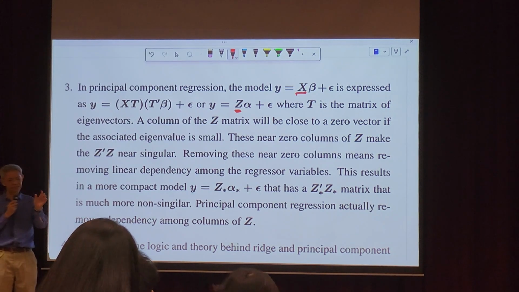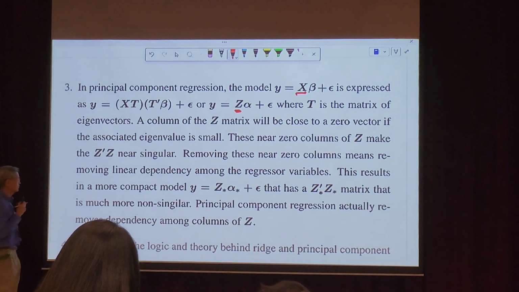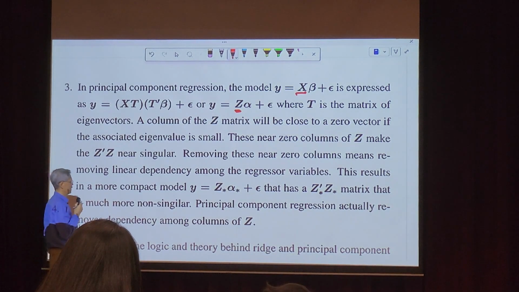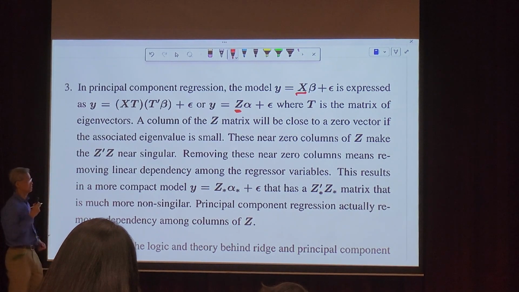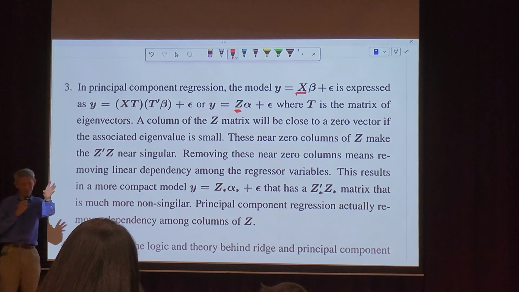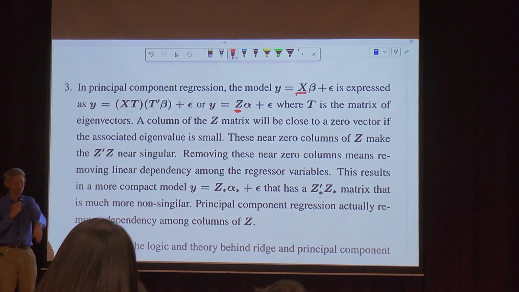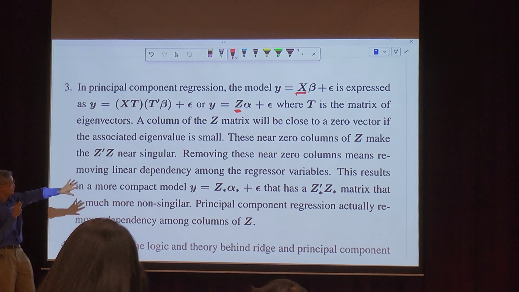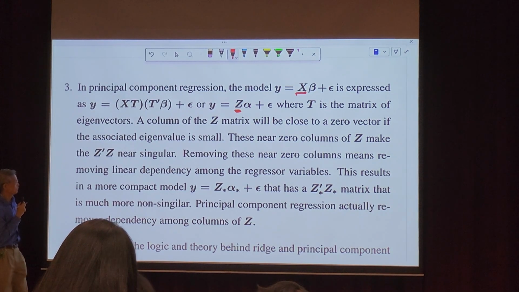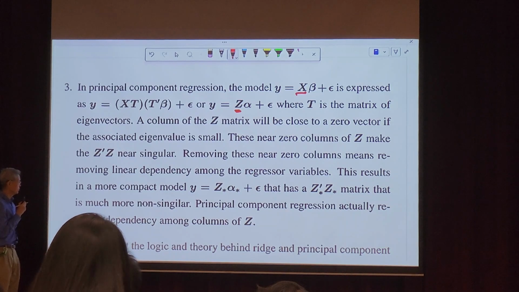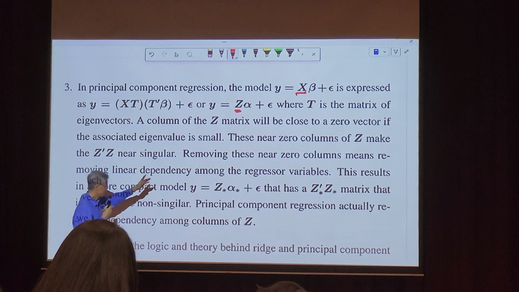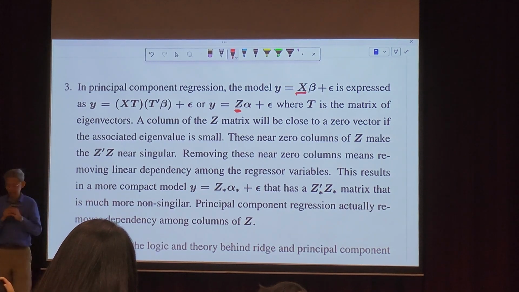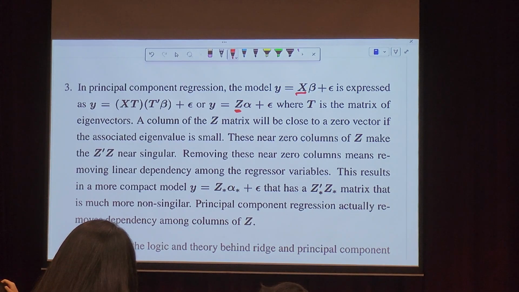If a particular principal component is near zero, then we know there is dependency. You can just drop it because the tumor is very well defined. It's right there, just drop it. And then you can work with the rest of the principal components. After that, you just transform back. Okay, so that's the idea.